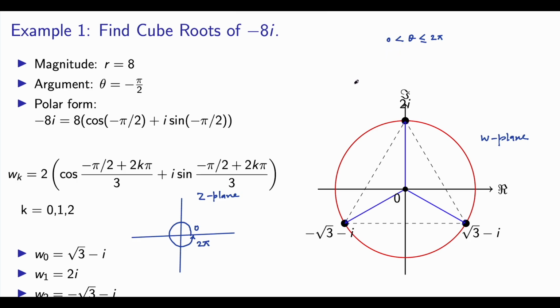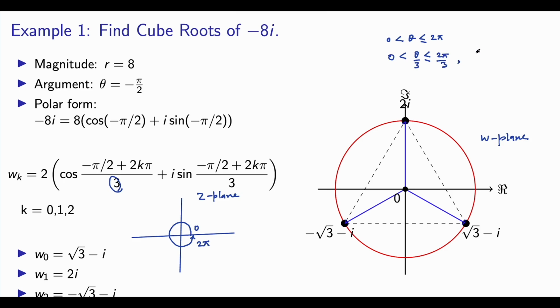Correspondingly, dividing by 3, this angle will lie between 0 and theta by 3, so 2 pi by 3, right?